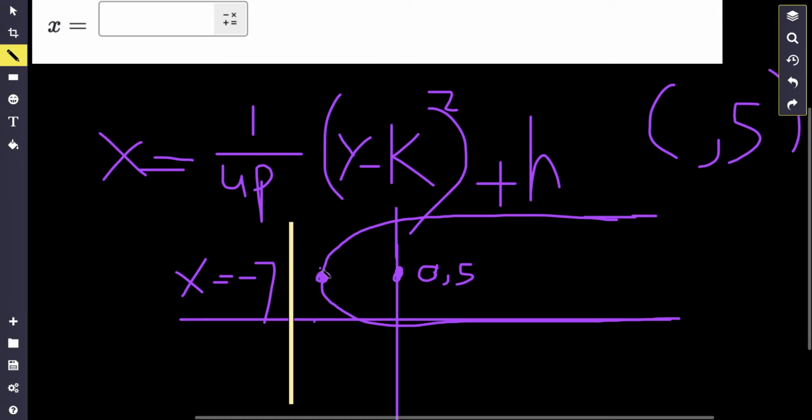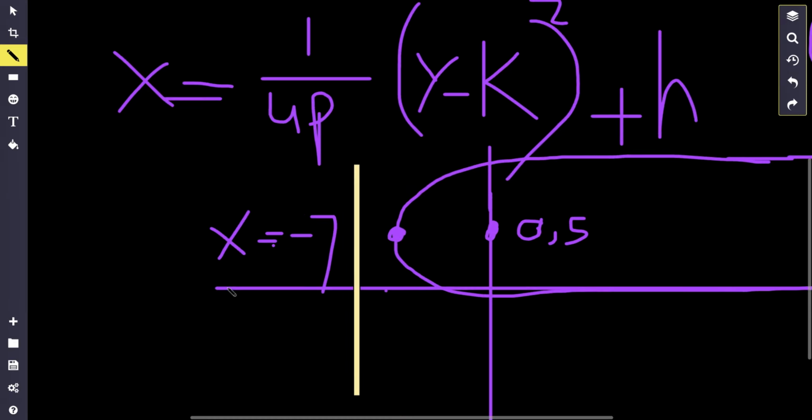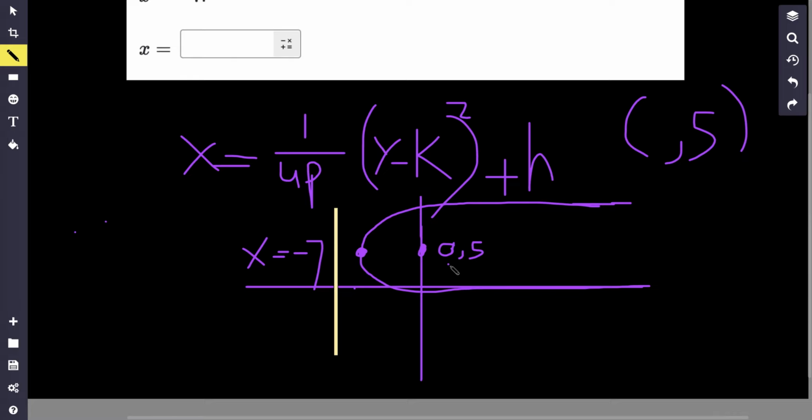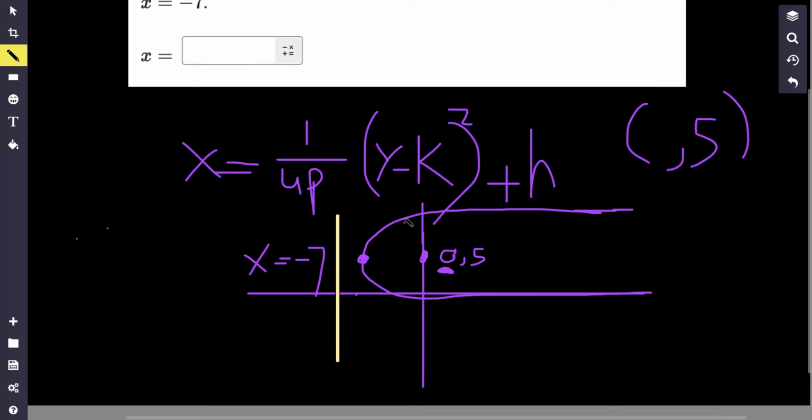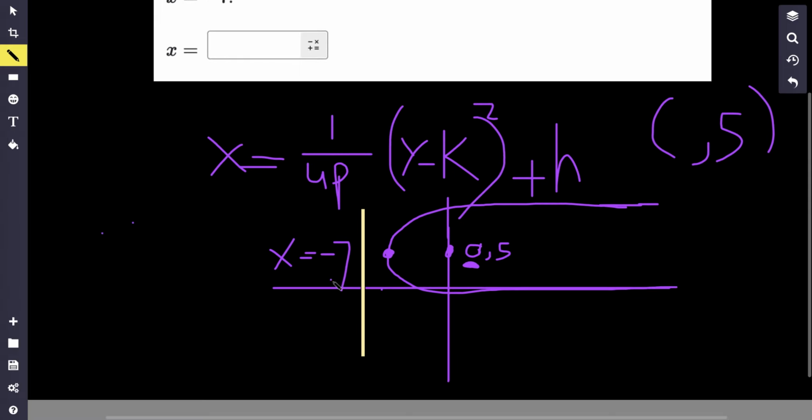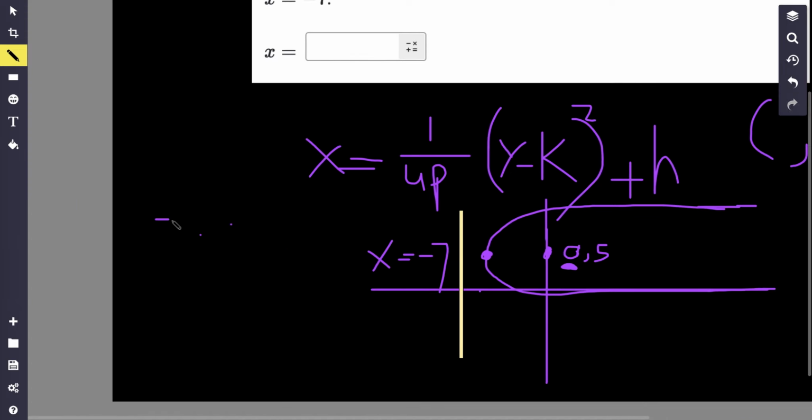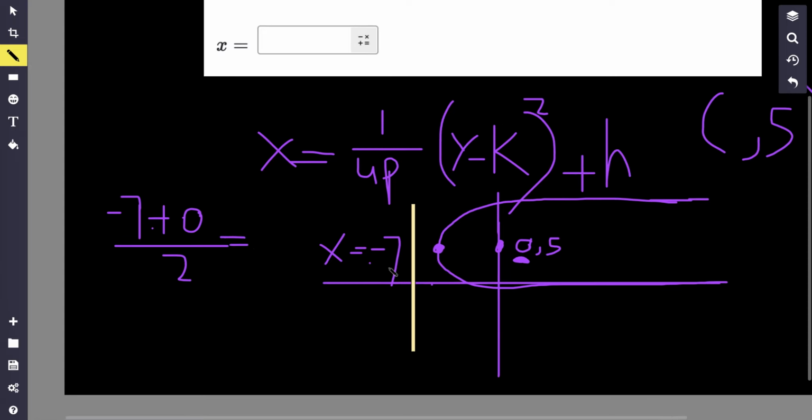Now, to solve for the x value of my vertex, you take the average between the x value of the focus and the x value of the directrix line. So you take the average between this x value and this x value right over here of the focus. You divide by 2.